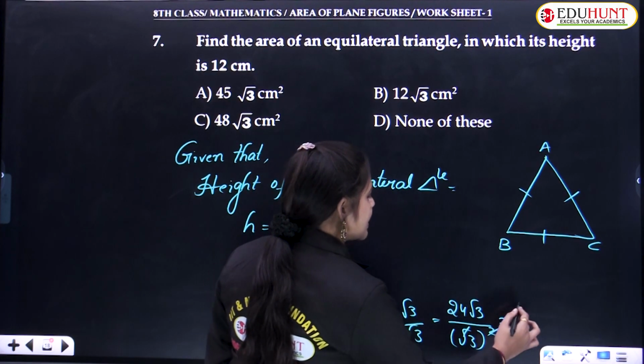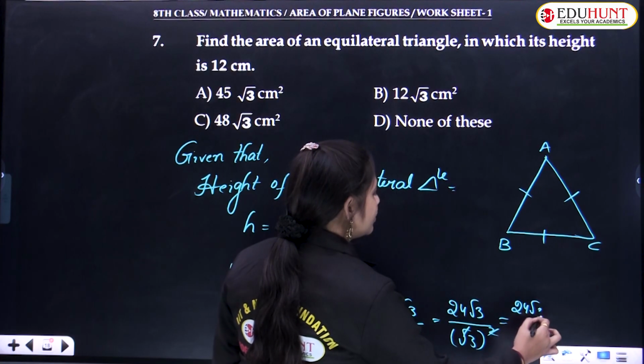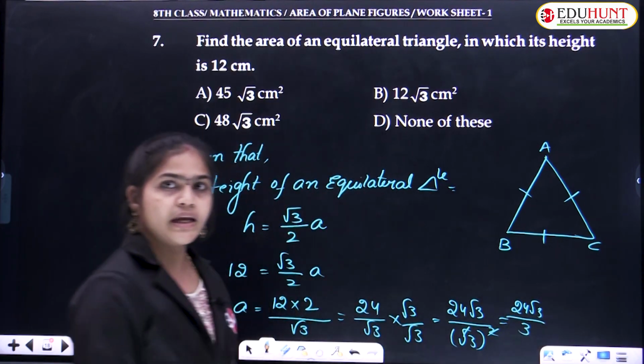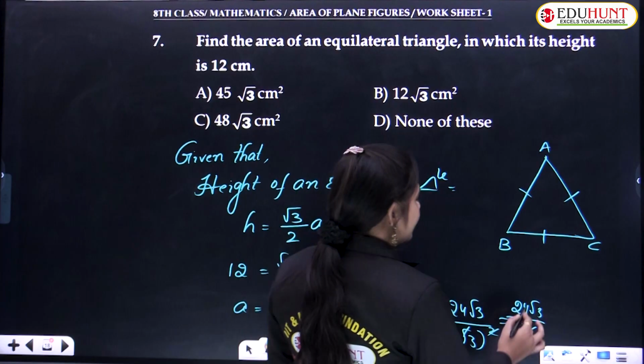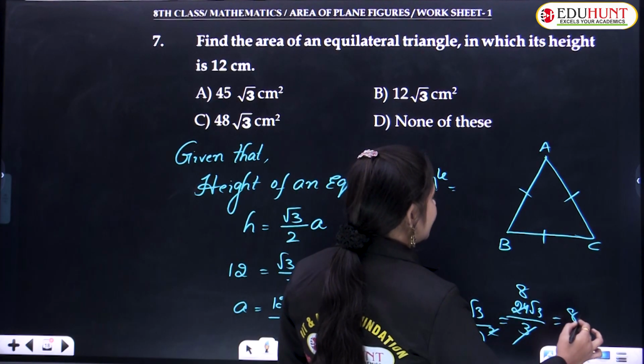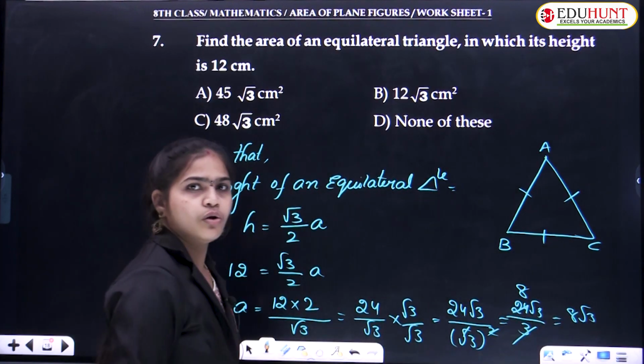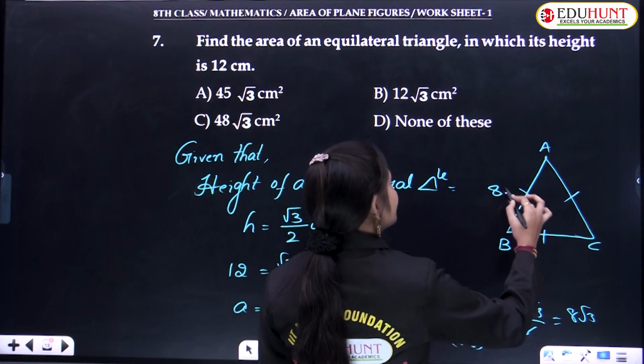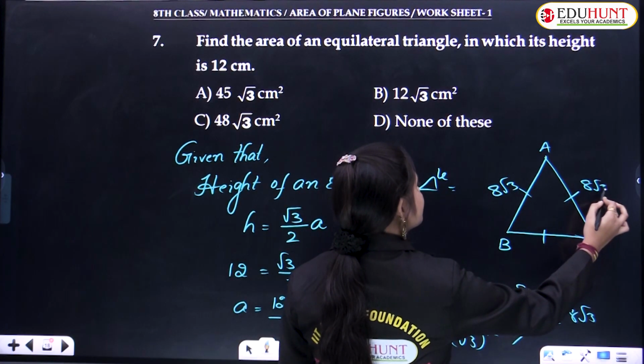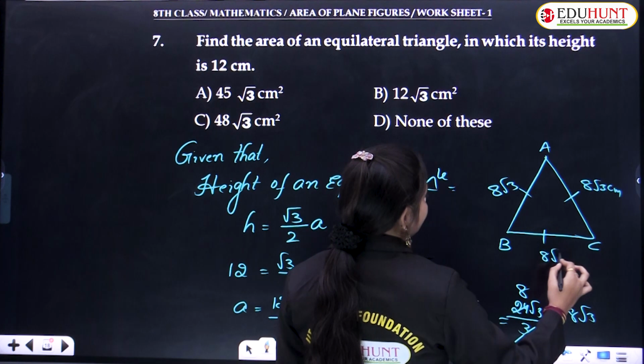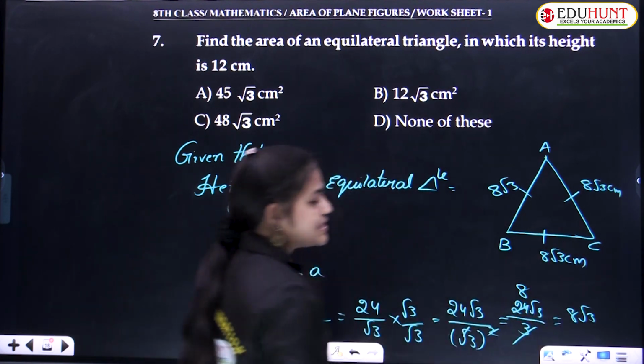Square and root get cancelled, then 24 root 3 by 3. Cancellation is possible, no? 3 8s are 24, and finally 8 root 3. Then each side is equal to 8 root 3 centimeters. This is A.